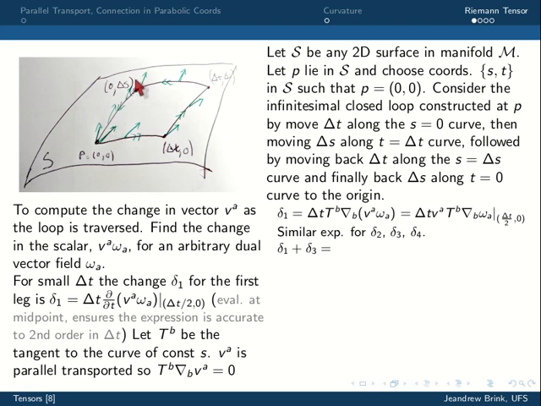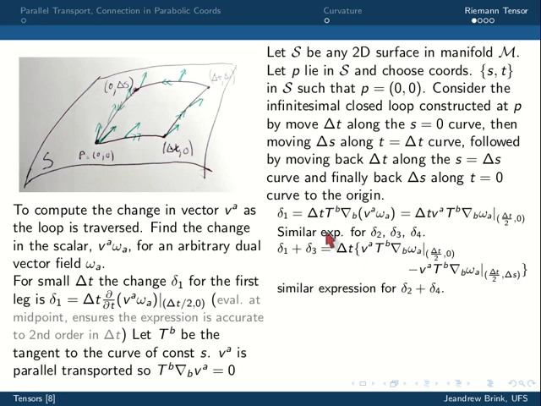So this change over there, I'm first going to add to that change. So I get delta T times V^A T^B, the parallel transport operator applied to omega_A, evaluated halfway between the two points. And then I get minus this guy, because it's going the other way, evaluated over there, in other words at delta T over 2, delta S. And then I'm going to do the same thing for the changes over here and over there.